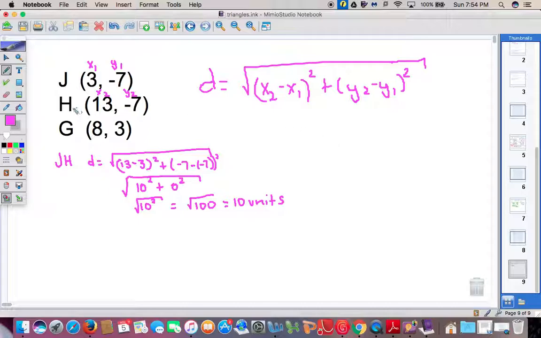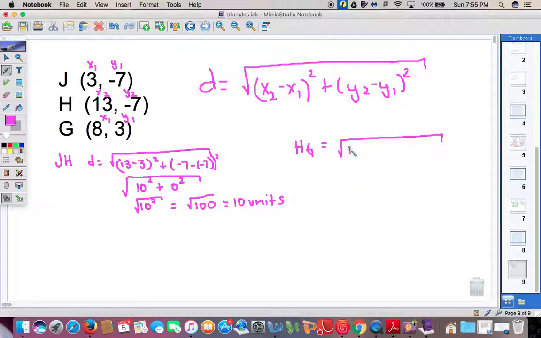Okay, now let's look at the distance between points H and G. I'm going to let H be my x2, y2, and we'll let G be my x1, y1.